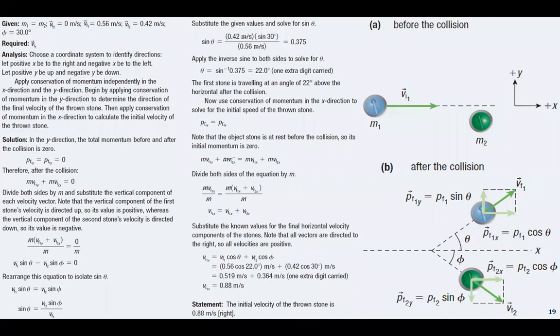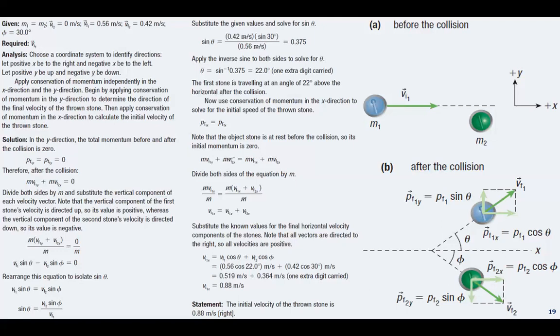And then apply conservation of momentum independently in the x direction and y direction. Begin by applying conservation of momentum in the y direction to determine the direction of the final velocity of the thrown stone. Then apply conservation of momentum in the x direction to calculate the initial velocity of the thrown stone.